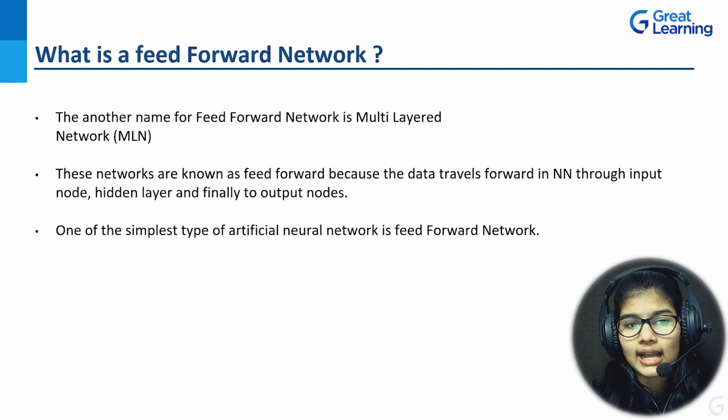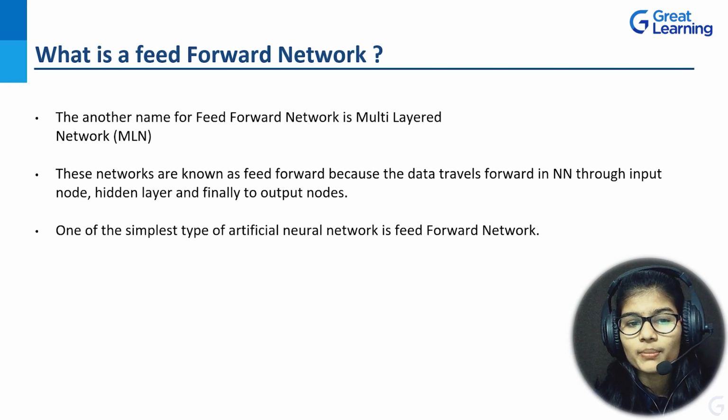And we have another name for the feed forward network, and that is the multi-layered network, MLN. Great, hope I am clear on what a feed forward network is. These networks are known as feed forward because the data travels forward through the input node, hidden layer, and finally the output nodes.